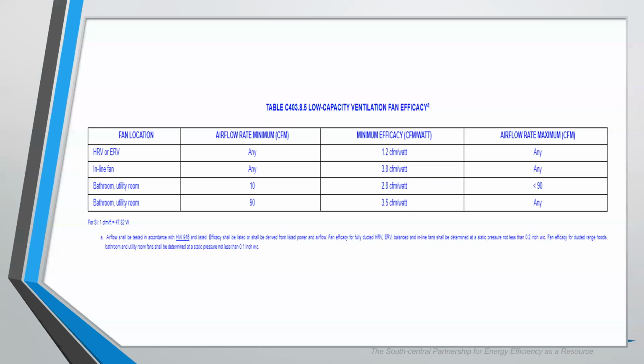And as you can see, it breaks it up into categories of min and max for CFM. You've got 10 to 90 for bath fans needing to meet 2.8 CFM per watt, and then 90 and above is 3.5. So that's basically measured by how much wattage is drawn and how much CFM.